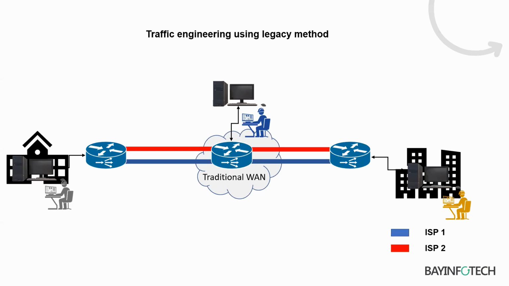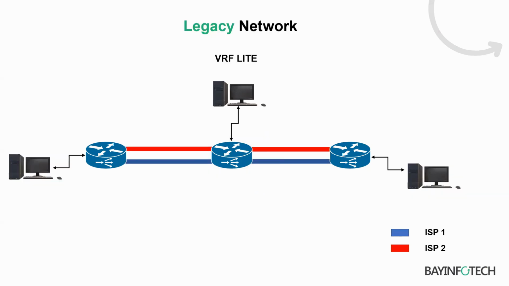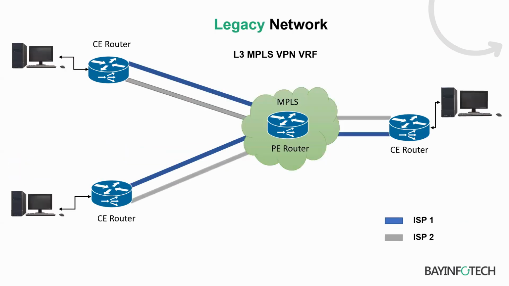These include VRF Lite, which requires manual VRF configuration on every device along the path, and L3 VPN VRF, which requires configuration on the customer edge routers. Legacy solutions do not support load balancing on multiple ISP links and still require manual configuration and can be time-consuming and costly.